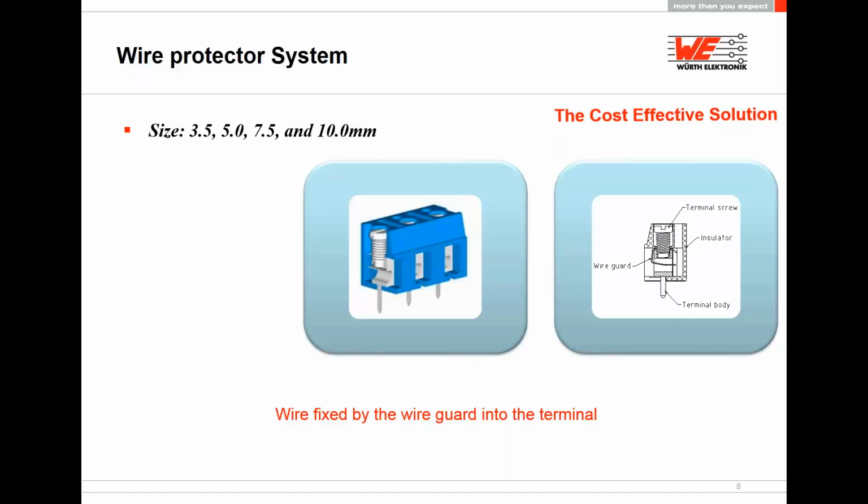If we talk about pitches, we have 3.5, 5, 7.5, and 10 millimeter. Wire gauge can go up to 12. Rated current up to 18 amps.